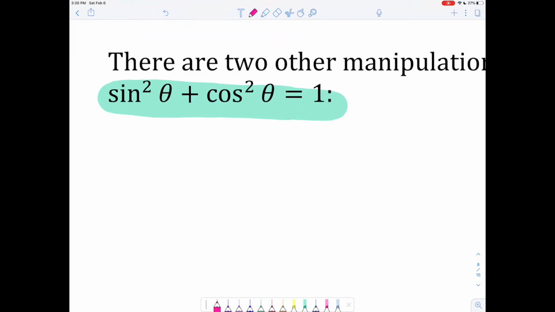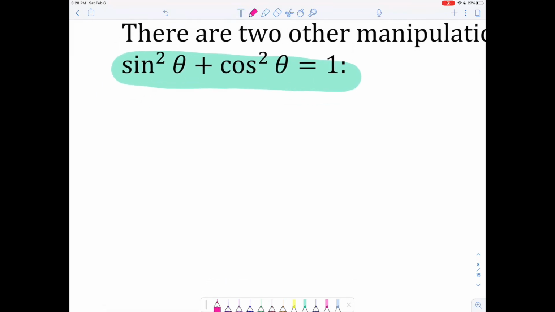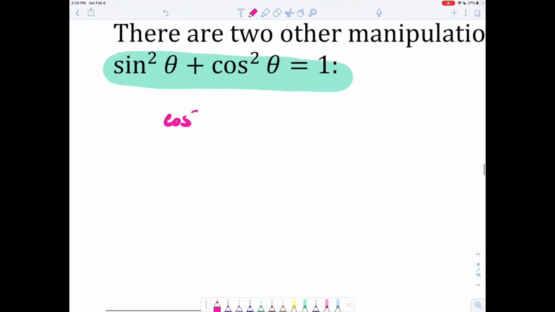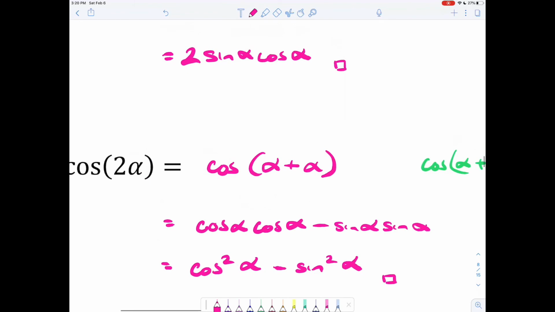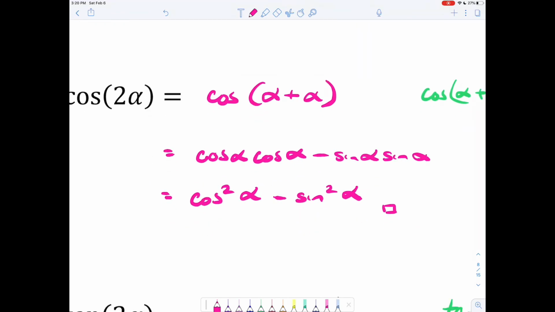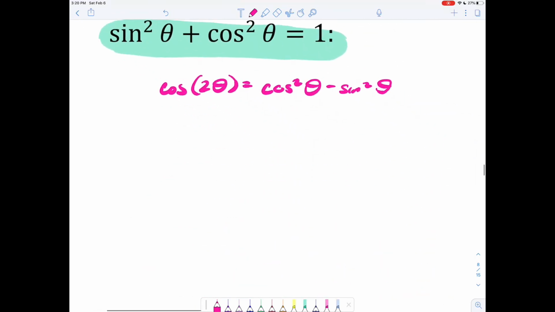So when we're looking at this thing, we can say that cos of 2 theta is equal to cos squared theta minus sine squared theta, as we have up above, right over here. Right, so using that information, we can make this claim.